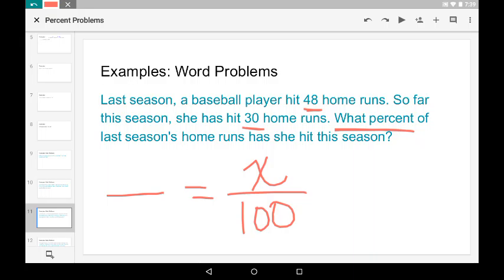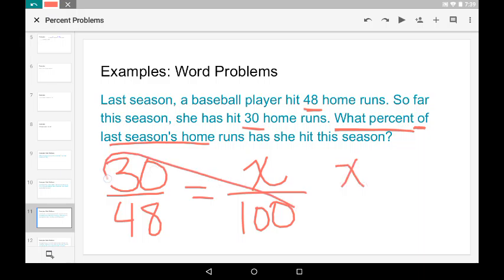Last season, 48 were hit. This season, 30 have been hit. What percent of last season's home runs? Of goes with last season's home runs, which is 48. So I'm going to put that on the bottom. And this season, she's hit 30. So we're going, what percent is 30 out of 48?